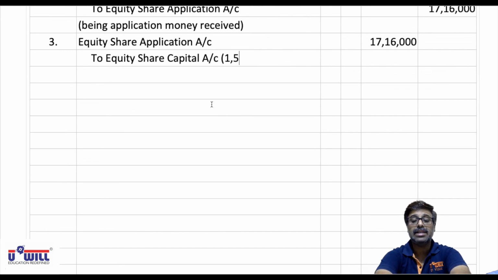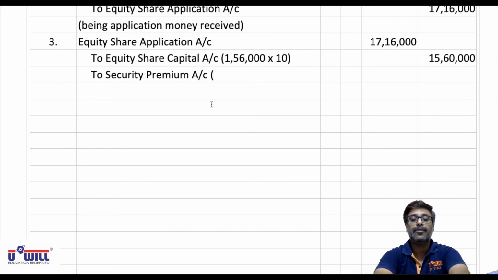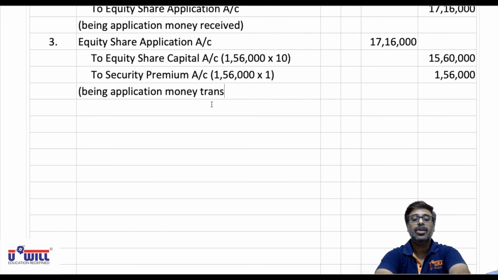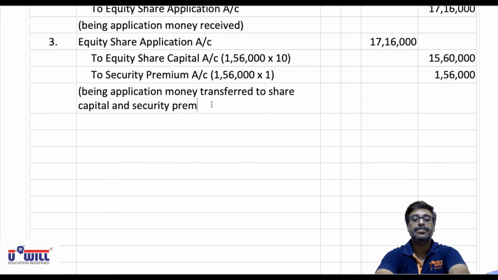So 1,56,000 into 10 rupees of face value, 15,60,000 we will transfer to equity share capital account, and to security premium account we will transfer 1,56,000 into 1, premium of 1 rupee, that is 1,56,000, being application money transferred to share capital and security premium account. So two entries for issue of shares are done.